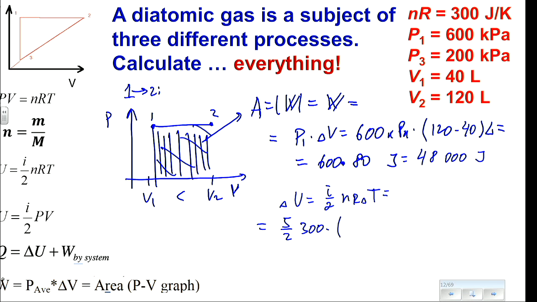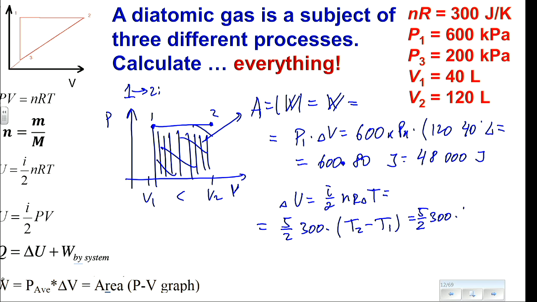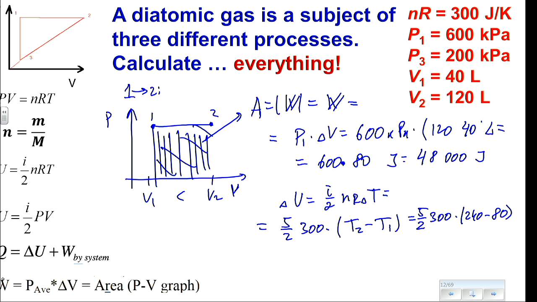And change is final minus initial, so it should be T2 minus T1. So 5 over 2, 300 times, looking back, T2, 240, minus T1, 80. All right, I need a number.